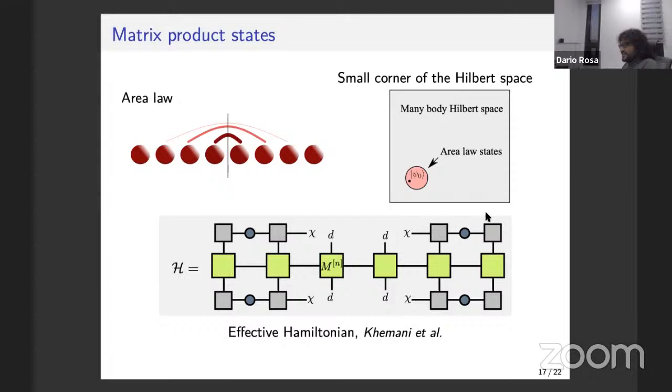So is your method in any way useful for this? Your method only applies on the MBL side, so you cannot say anything when you cross the edge, right?